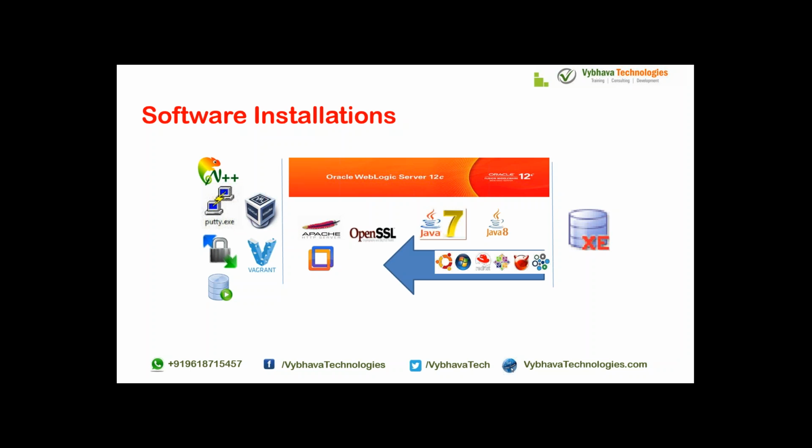Other than this, we are going to create one virtual machine. What is this Vagrant? Vagrant is a layer which will help us to provision a VirtualBox on our laptop.